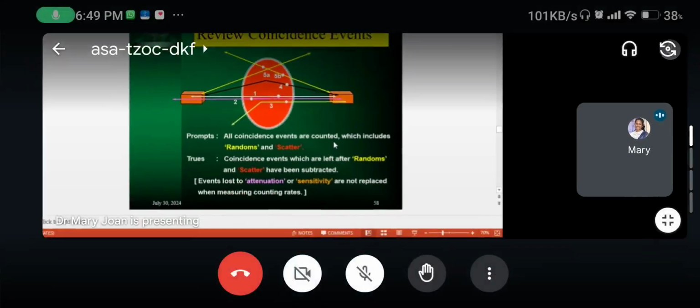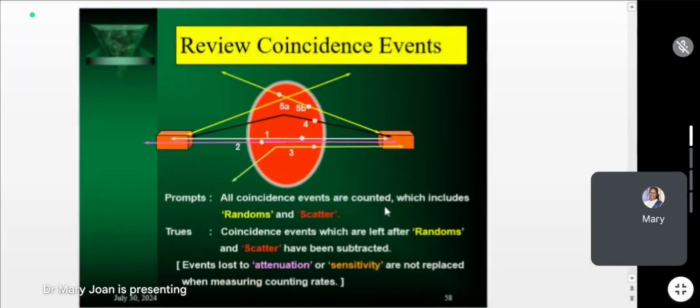So we will see multiple events taking place and getting detected, which you can see here with different lines. All coincidence events are counted, which includes random and scatter. Then there are the coincidence events which are left after randoms and scatter have been subtracted. Even loss to attenuation or sensitivity is not replaced when measuring counting rates.